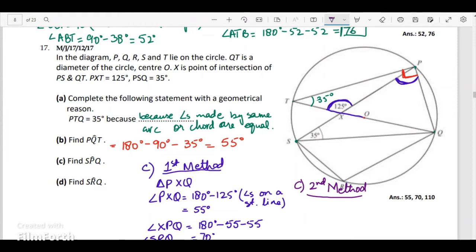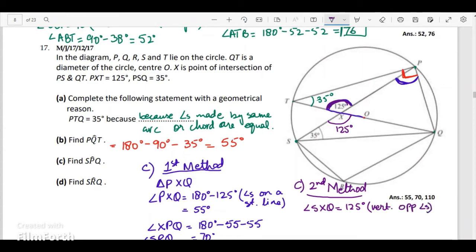Now if you're using the second method, this is 125 degrees given. This angle would also be 125 degrees. Why so? Because these are vertically opposite angles. So angle SXQ would be 125 degrees as well, because these are vertically opposite angles.